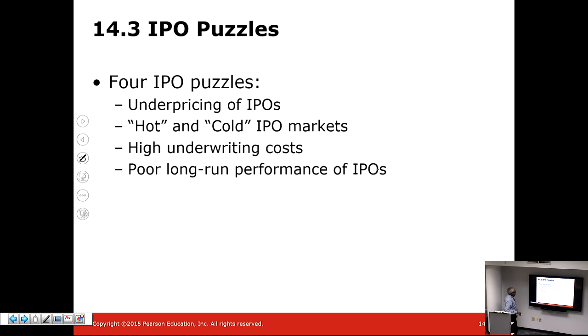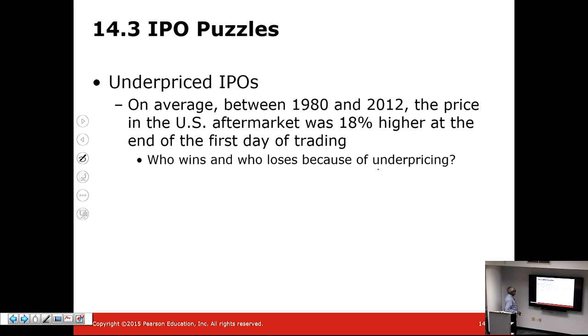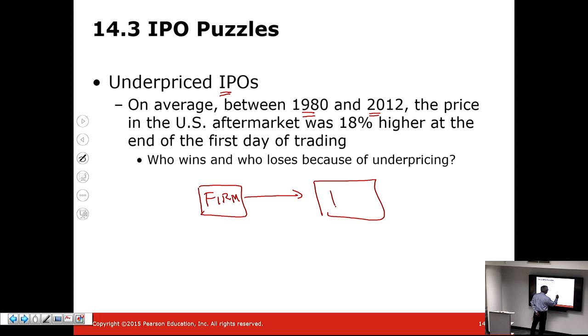In the IPO market, there are several not well understood phenomena. The first one that we encounter is called underpricing of IPOs. On average, we have seen from empirical studies that between 1980 and 2012, the stock after it went IPO, so the first instance, here is the company selling a block of shares.